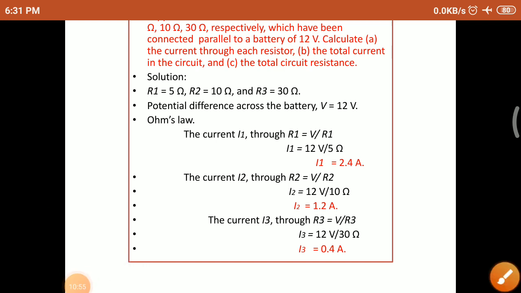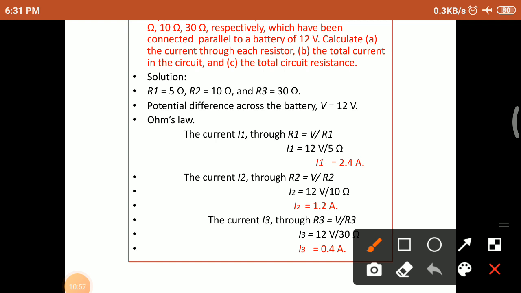So, solution. You have to write the given: R1 equal to 5 ohm, R2 equal to 10 ohm, R3 equal to 30 ohm, and V equal to 12 volt. First you have to calculate the current through each resistor. You know the formula, I1 equal to V by R1. The value of V is 12, the value of R1 is 5.